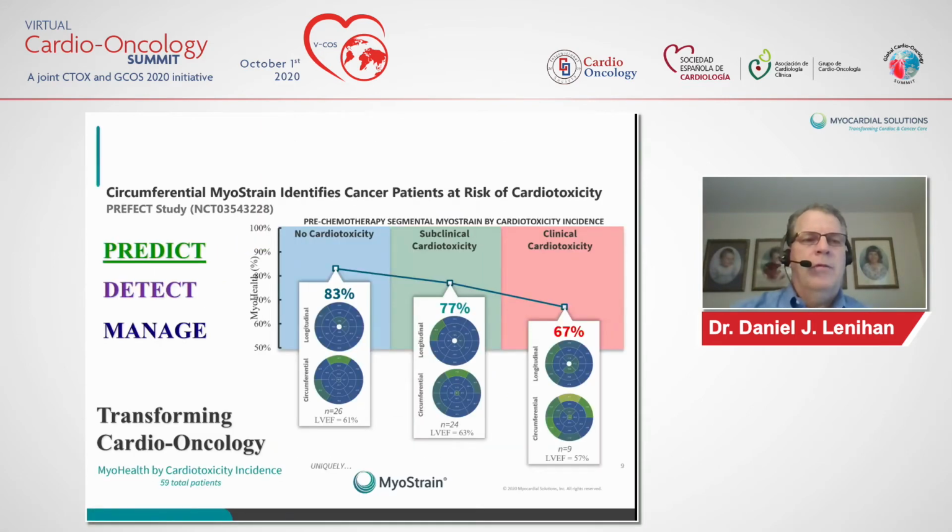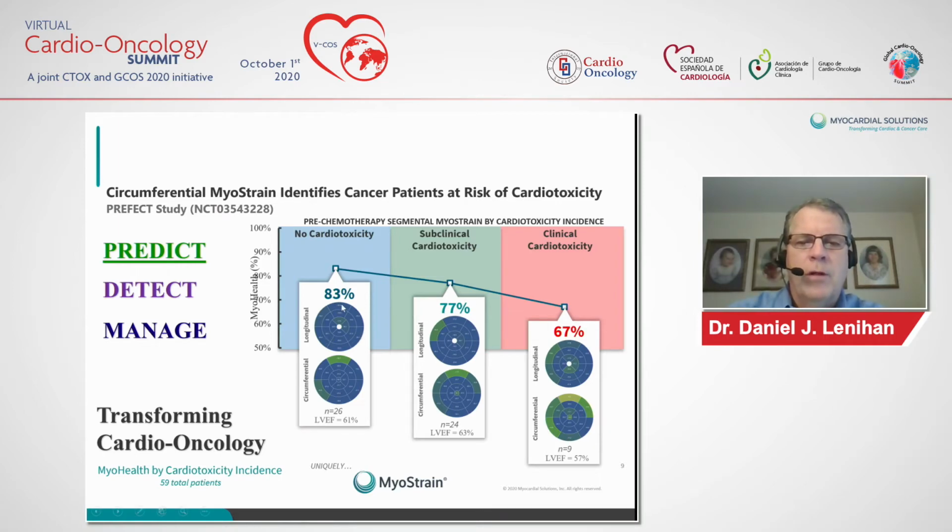There was a recently completed PREFECT study, which was performed primarily in Germany, that showed that the percent normal myocardial segments through Myostrain technology could actually predict those patients who are going to develop cardiotoxicity. Thus, an important tool in our identified priorities within the International Cardio-Oncology Society.